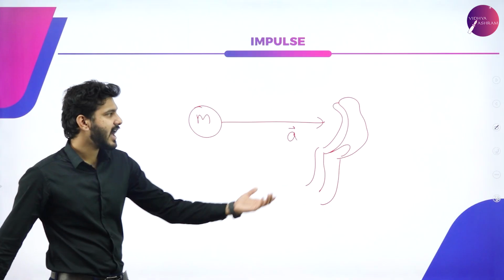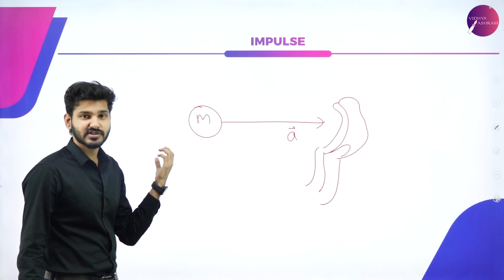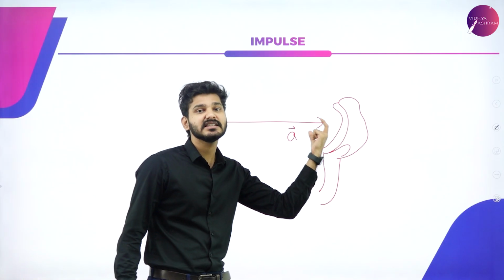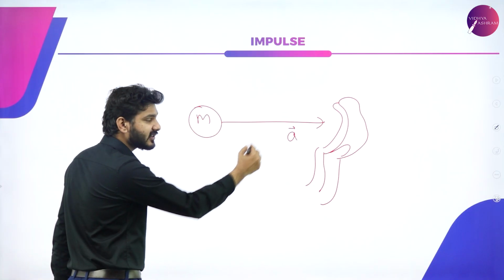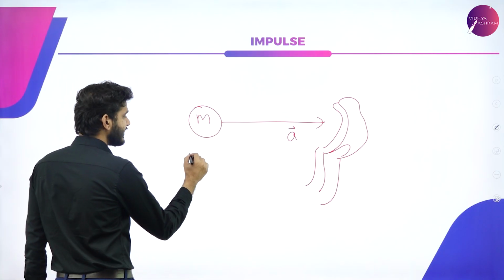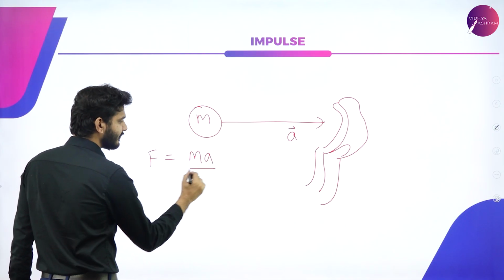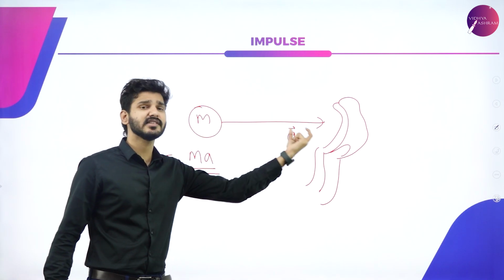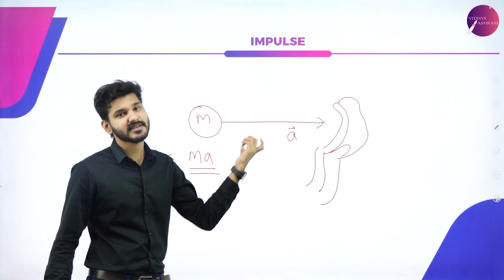So what happens? A really high force is coming towards my hand and it is immediately stopping. So I can say that mass m moving with an acceleration a, that is ma, F is equal to ma. Or simply you can also say that mass m is moving with a velocity v, because change in velocity is known as acceleration.